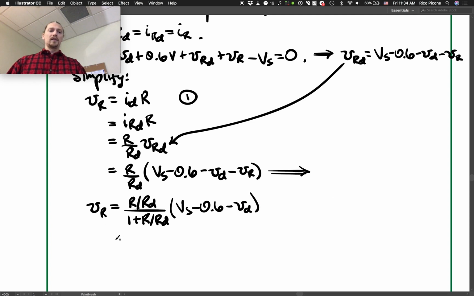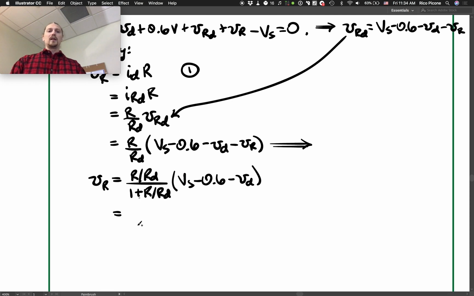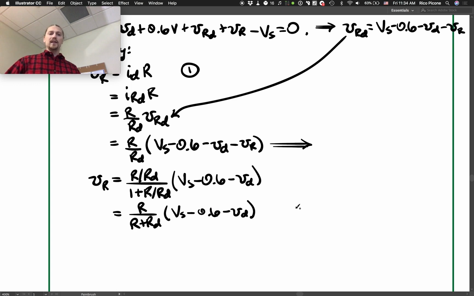Or a little bit simpler would be to multiply numerator and denominator by RD to get R over R plus RD times VS minus 0.6 minus VD. So this is an expression for VR in terms of VD, right? So that one's going to be very useful. We'll number that equation 2.